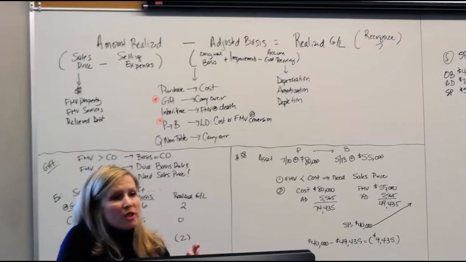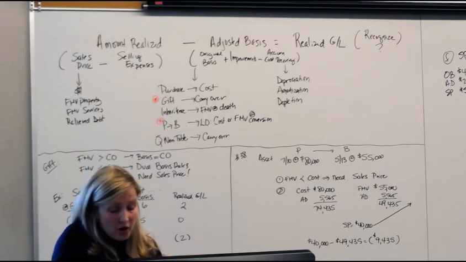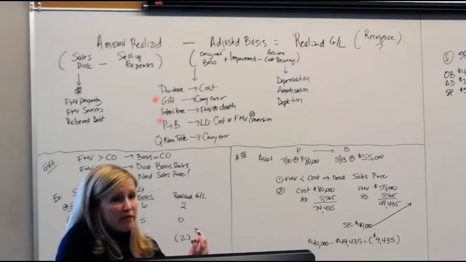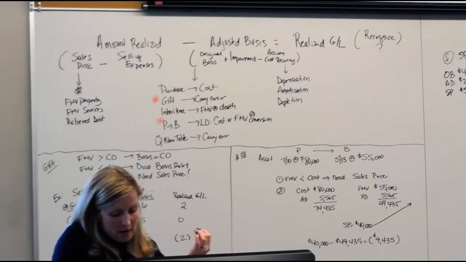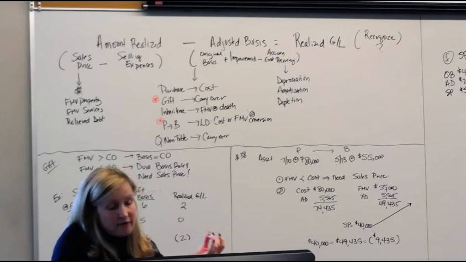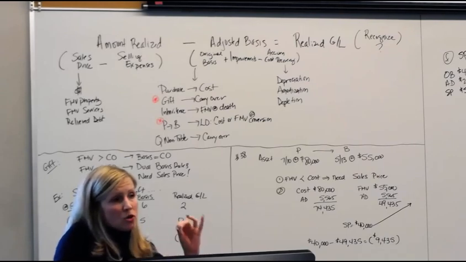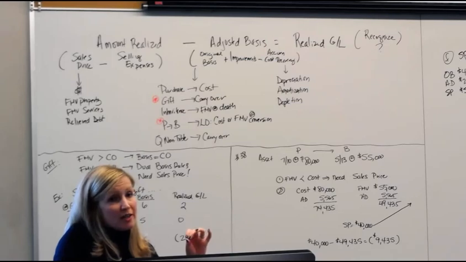Now guys, there are two different recapture rules that we are going to concern ourselves with. There's the recapture related to tangible personal property, which is Code Section 1245 recapture. And then the book talks about 1250/291 recapture. I'm going to tell you, do not worry about 1250 recapture. It is almost useless, that provision. It's really been replaced by 291.